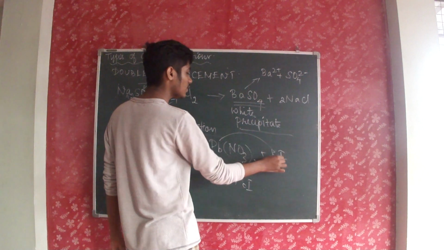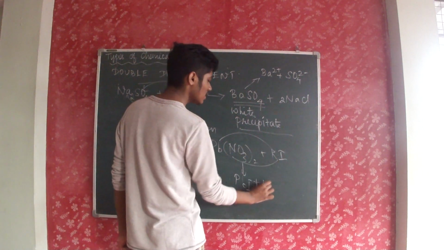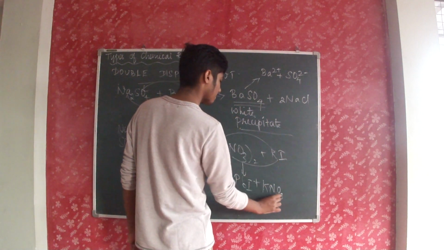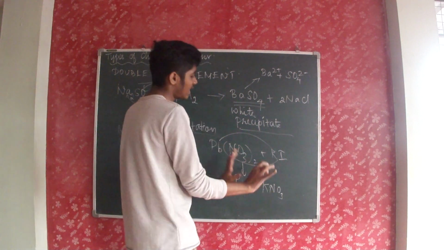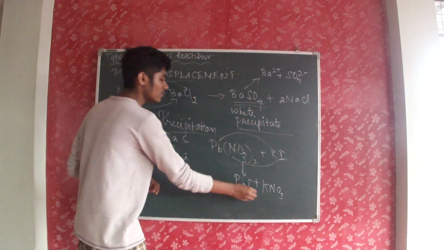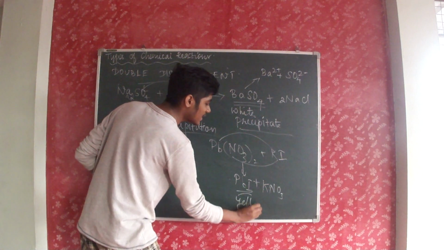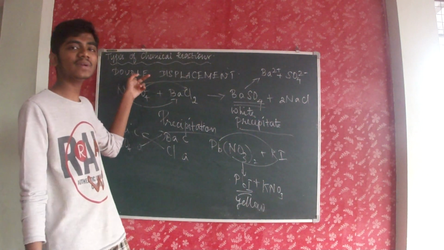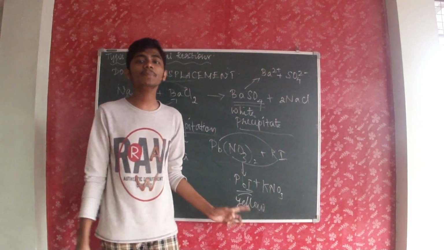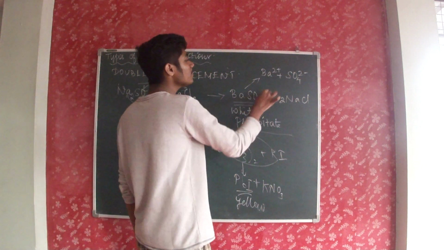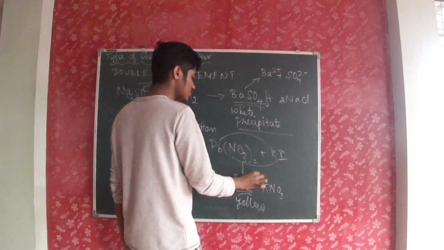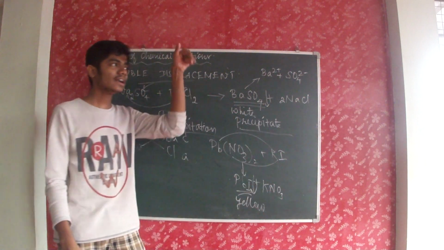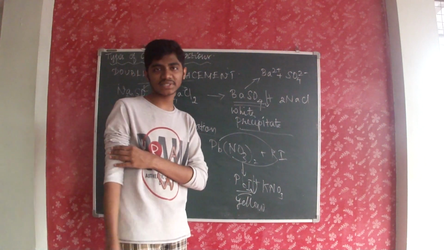So these two combine together and these two combine together to produce KNO3 twice. PbI2 and KNO3, and this is a yellow color precipitate. It's known as lead iodide, and this is also an example for double displacement reaction, and it is also an example for precipitation reaction. Whenever you write a precipitate, you can draw a down arrow mark to represent that it's a precipitate.